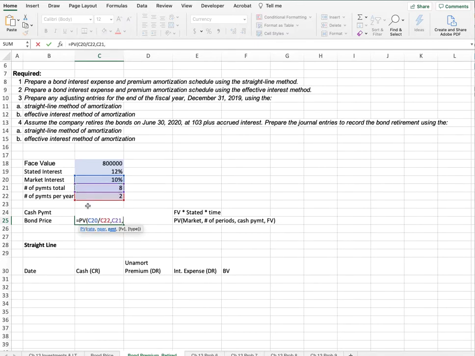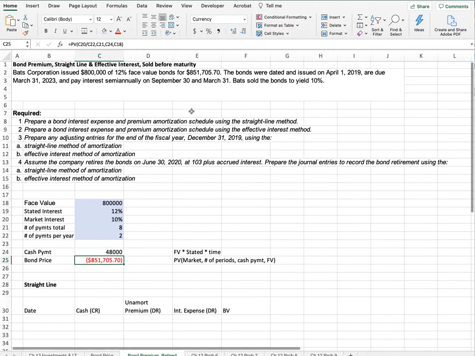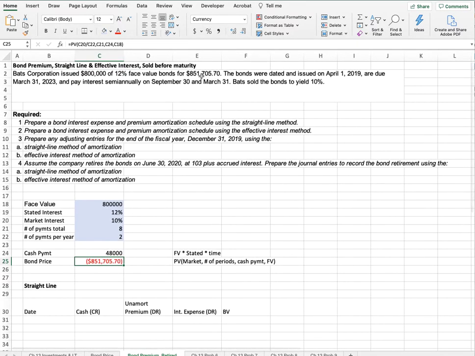What's the value of this payment? It's not wanting me to click right here on C24, so I'm just going to type it, C24. That's where we just calculated the cash payment. And then the face value or future value is 800,000, close parentheses, and we get that same 851,705.70, which is what they had given us in the problem.